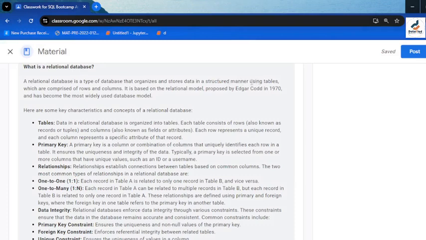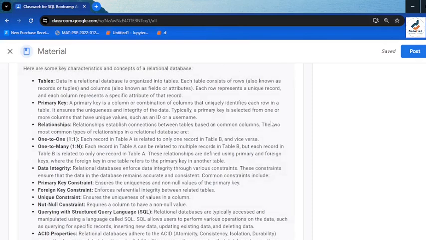Very, very important. Structured manner means it must consist of rows and columns, right? That's the idea. So your relational database must organize different data in a structured manner, which comprises rows and columns. Very important.